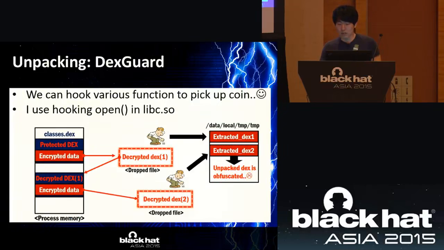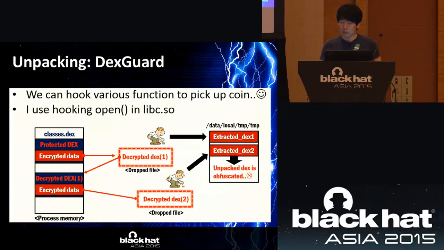Class encryption of DexGuard loads two dex files dynamically. The first one is the unpacking code, including the class descriptor and the loader. The second one is the unpacked dex. To extract the unpacked dex, I hooked the open function in Bionic. Actually, your unpacking method can be different from mine, because you can hook every function you want, so you can make your own unpacking module creatively.